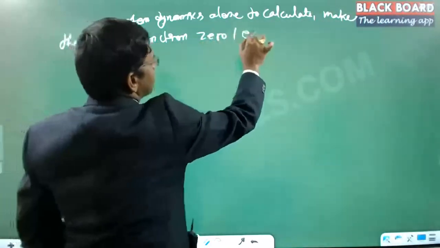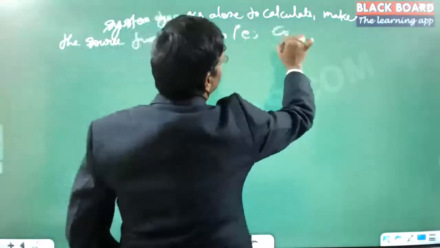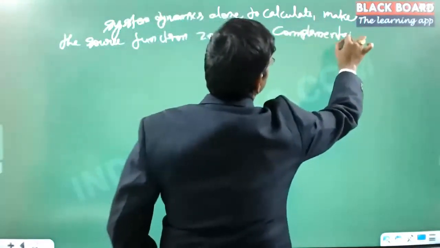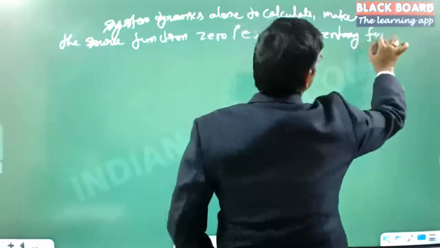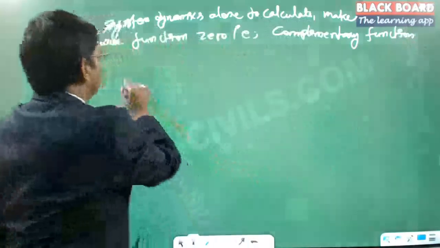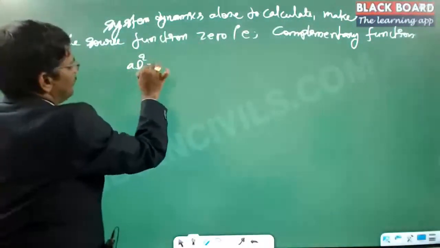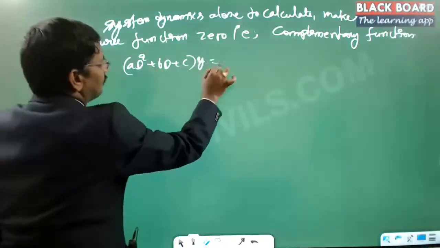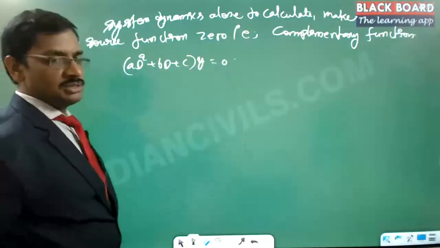So that is the complementary function, right? How are we going to do it? So this is a D square plus b D plus c of y equal to 0. So we made the right side portion 0.